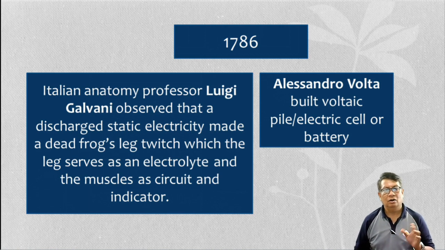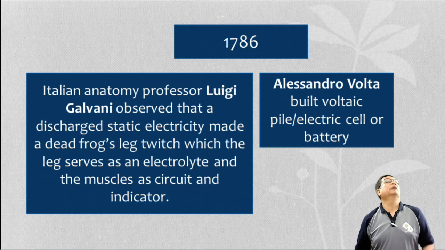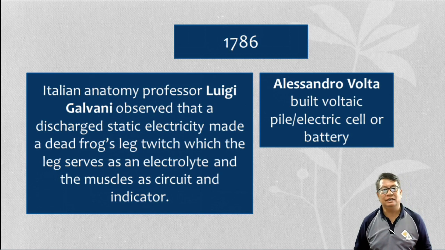The leg serves as an electrolyte, and the muscles as a circuit, which indicates that there is a circuit. We also have Alessandro Volta, and the voltaic pile, or electric cell or battery.